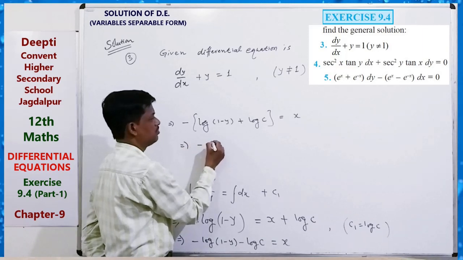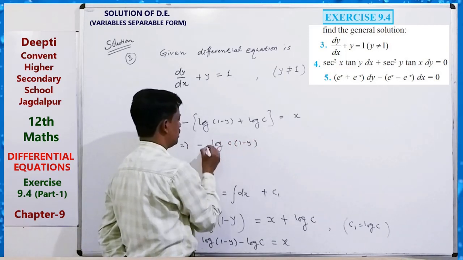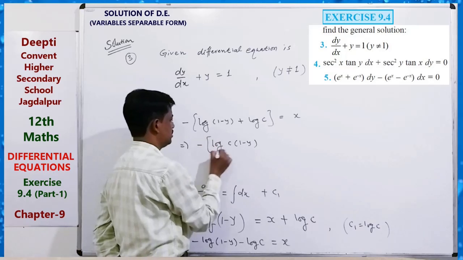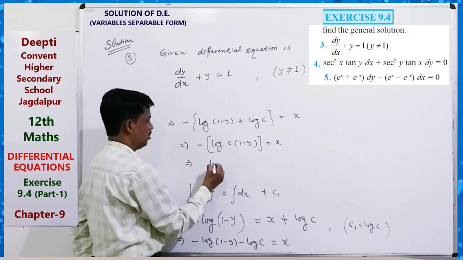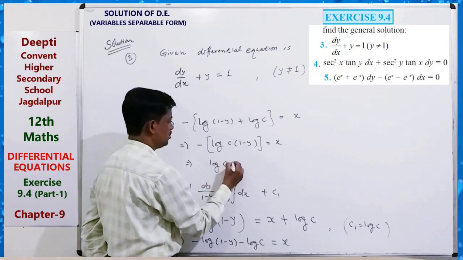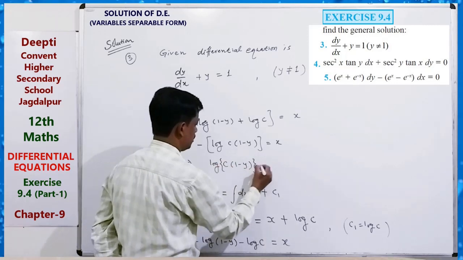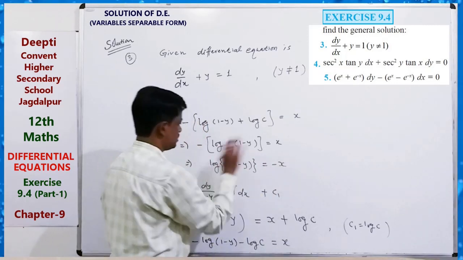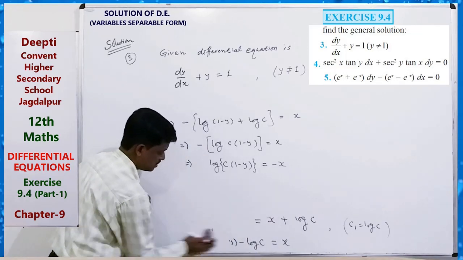Here, minus of log of c times 1 minus y equals x. We can write like this. So log of c times 1 minus y equals minus of x. The minus sign is transferred to the right hand side, or multiply by minus on both sides.